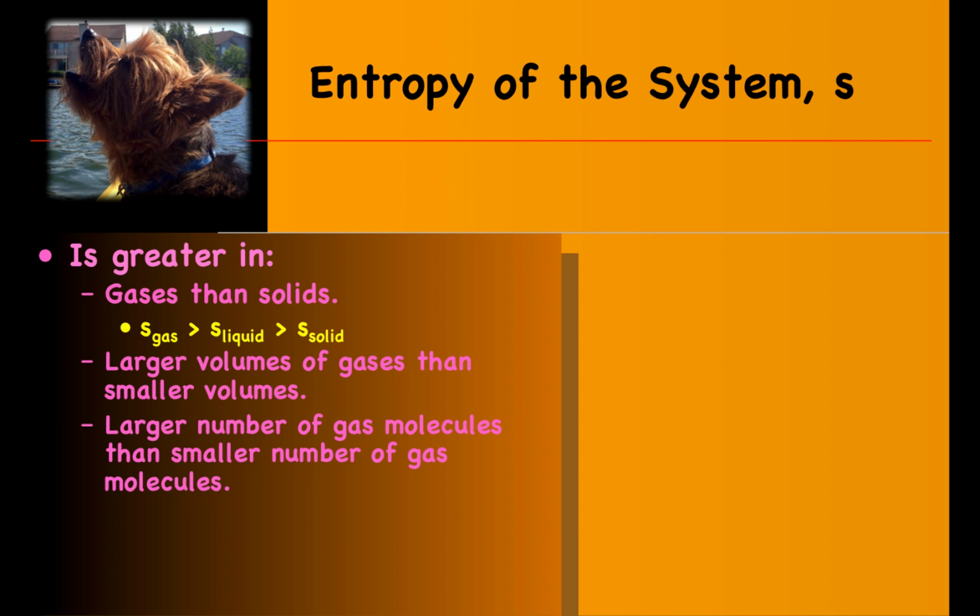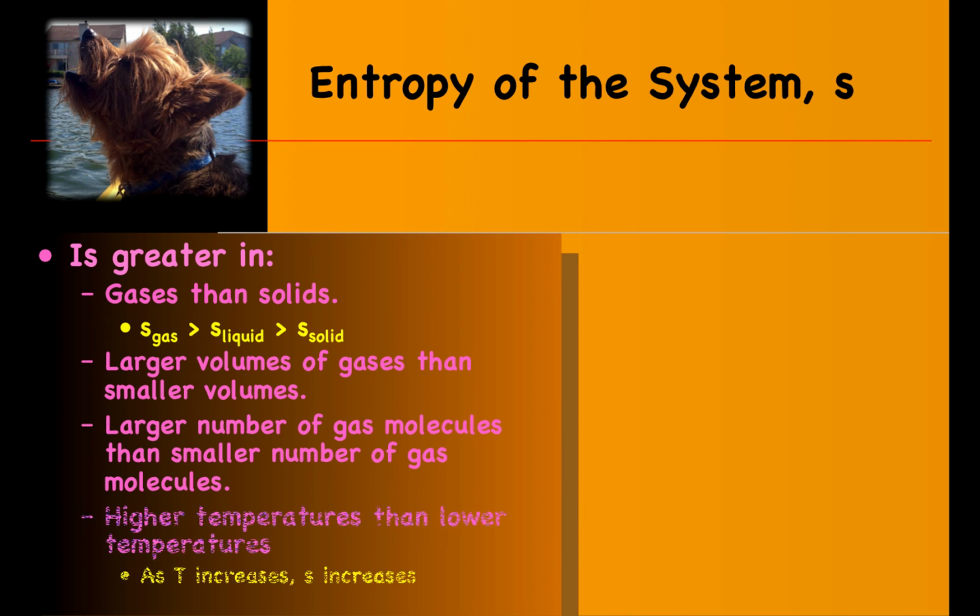Larger numbers of gas molecules have greater entropy than smaller numbers of gas molecules. Higher temperatures have greater entropy than lower temperatures. In other words, as temperature increases, the entropy of the system increases.